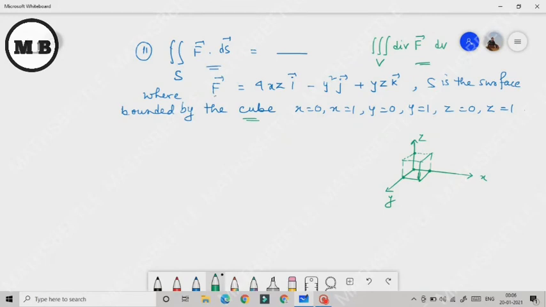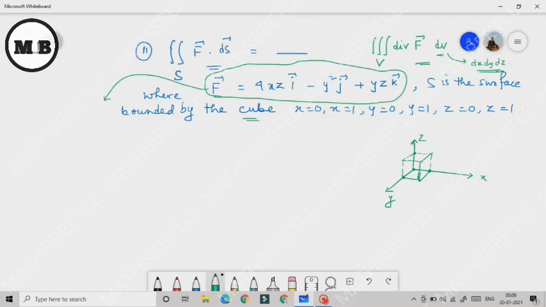So here you have this function F, and dV means here dx dy dz. No need to worry, just simply try to find the divergence of this vector.